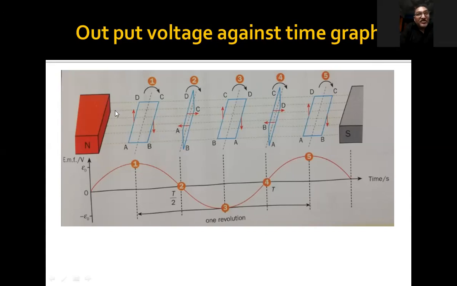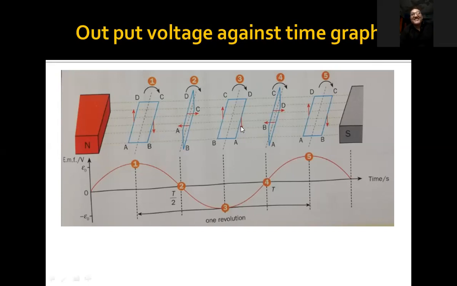In position 1, when the AD was moving upward, the current was flowing from A to D. In this third position, the AD was going downward and the current was flowing from D to A.